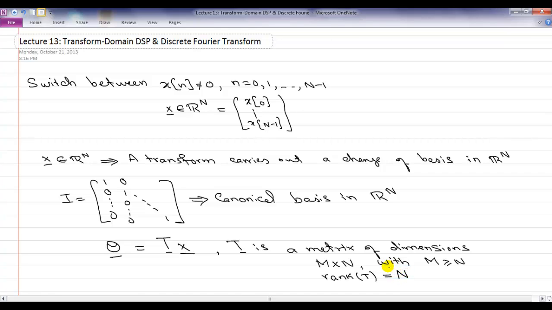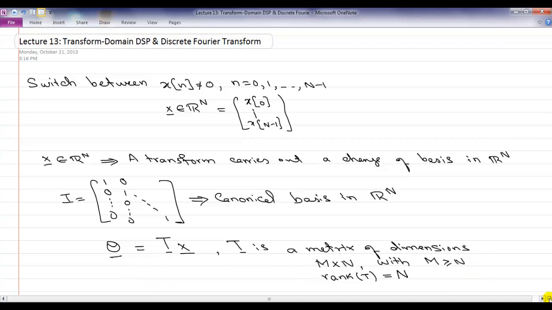It has N linearly independent columns, it has M rows, and M can be greater than or equal to N, and rank of T equals N means that we can go back to x. That's sort of the basic requirement.